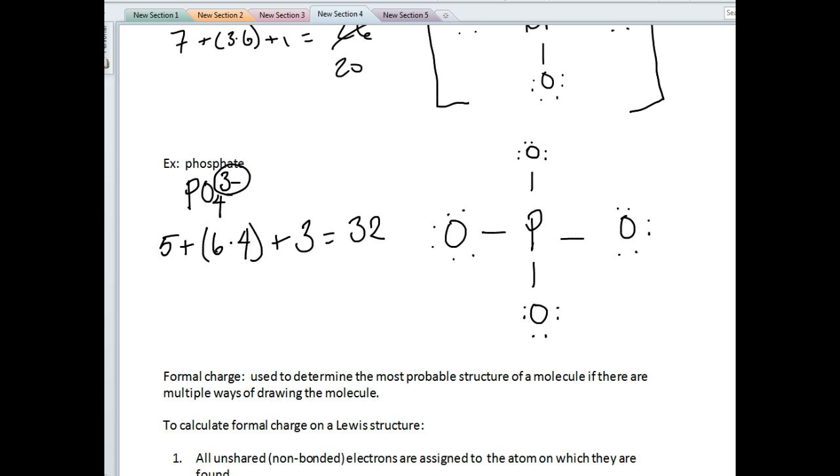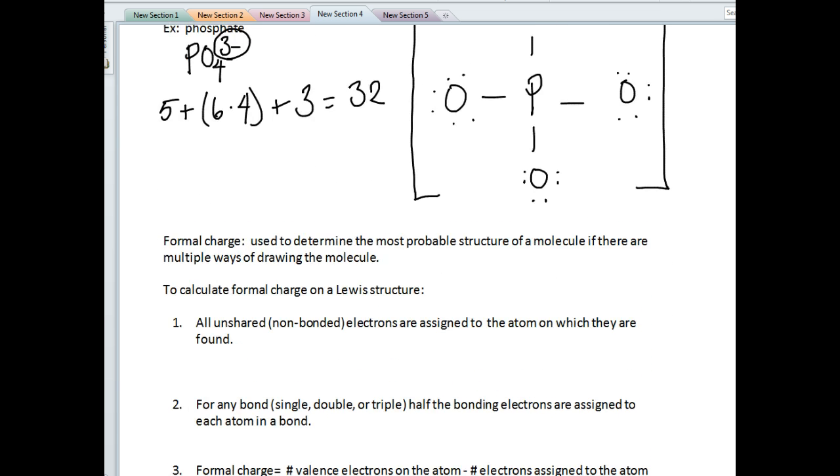So that's 24 there. My math was off a little bit. 24, 26, 28, 30, 32. So okay, we have 32. Everybody's good now. And so again, finish this guy off. We're going to put everybody in brackets and put that 3 minus charge. And so that's how we do a Lewis structure for a phosphate polyatomic.